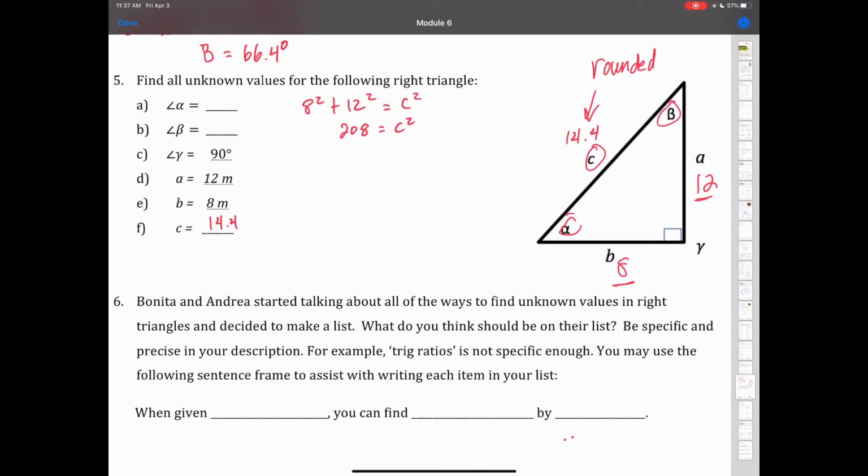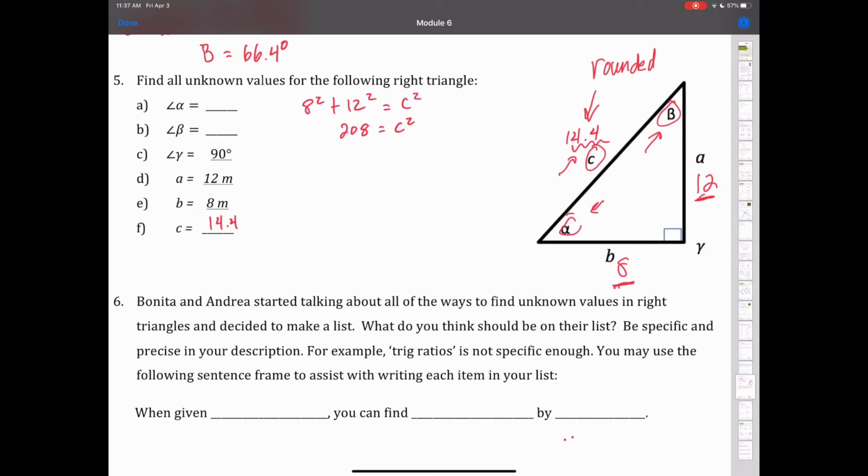But also, if in some situation I made a mistake or you made a mistake and this was wrong somehow, we don't want to use a wrong value that we solved for to try to solve for our angle measures here and here. So instead, we're going to use the values that they've given us in our trig function.